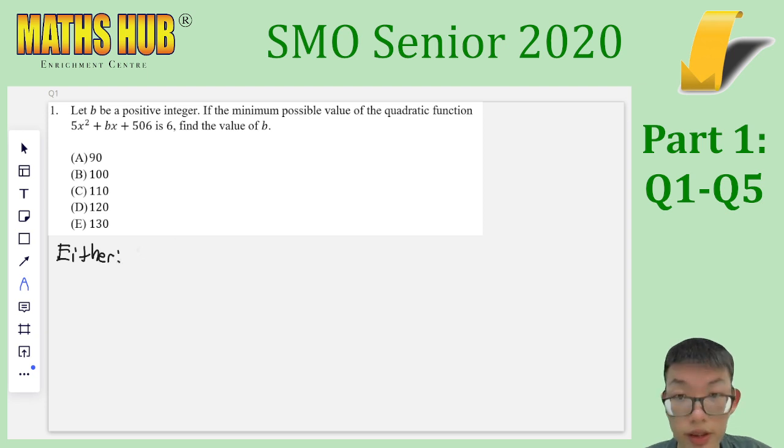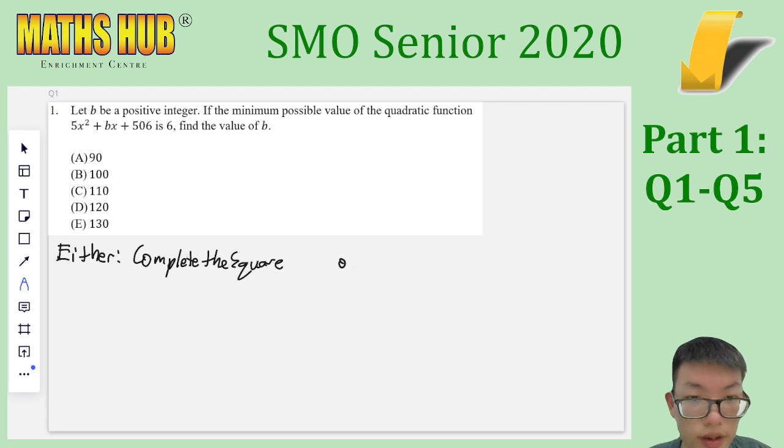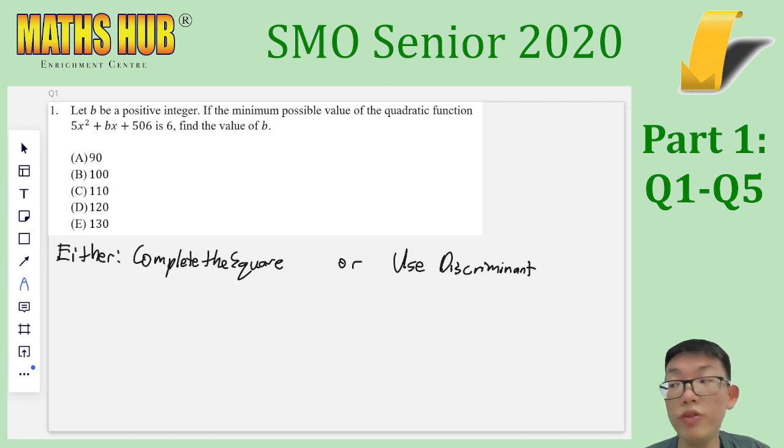So either you can complete the square, or you can use the discriminant. Now, since both of these methods are relatively quick, let me explain both of them.